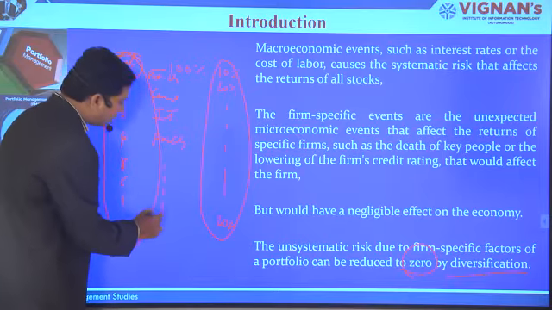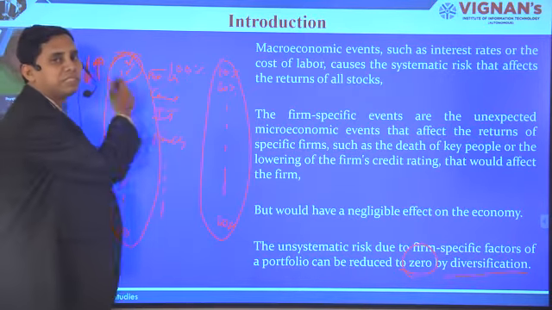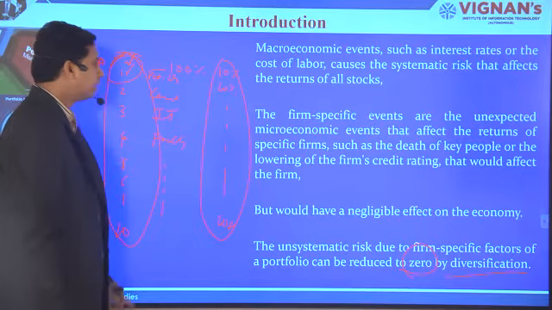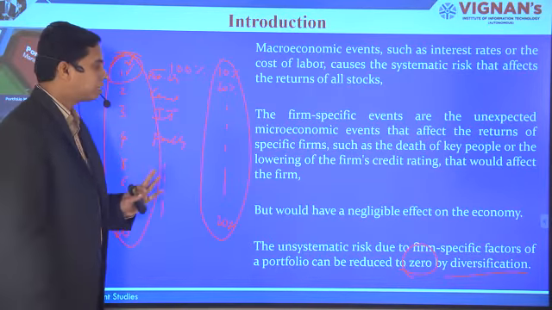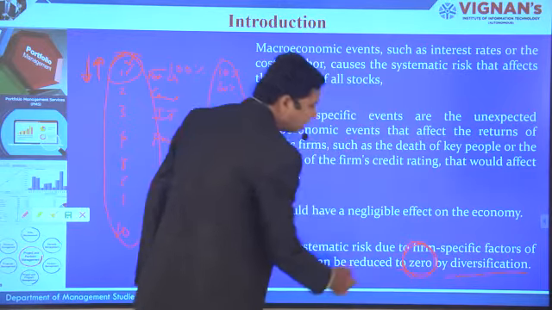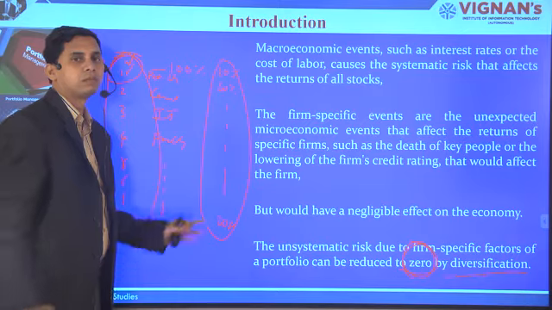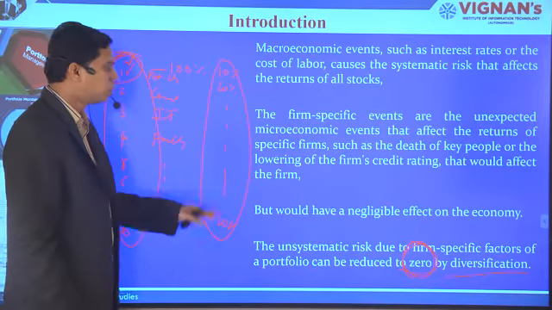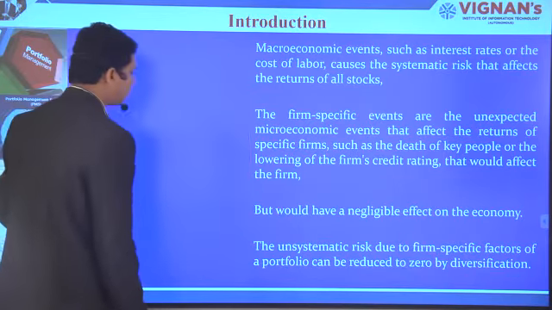If you diversify your investment across different companies and different industries like that, then the firm specific risk won't be there. That is the reason why your firm specific risk can be made zero by way of diversification. This concept is known as diversification. By doing so, you can reduce your firm specific risk even to zero.